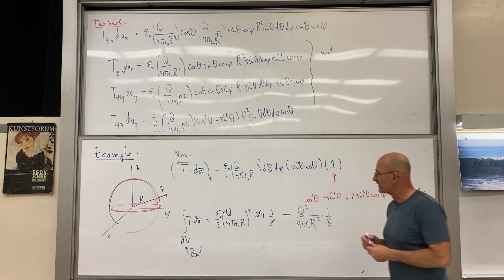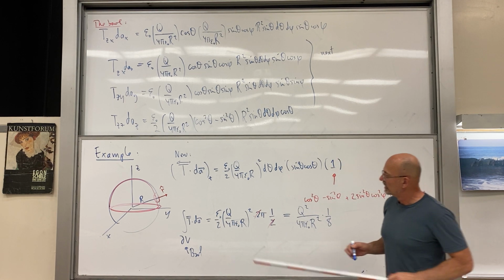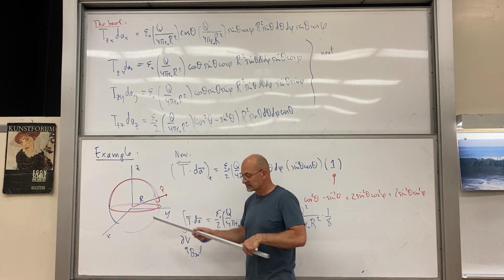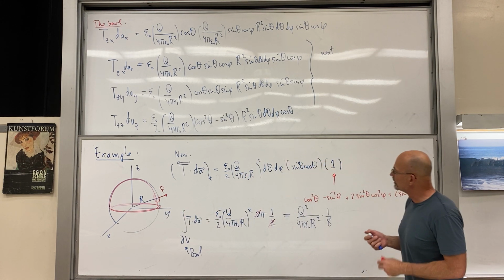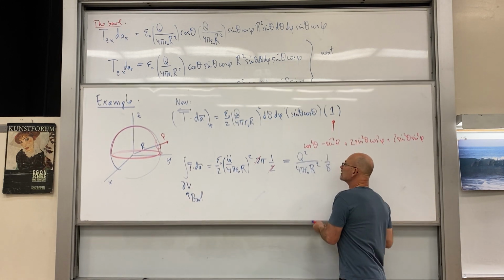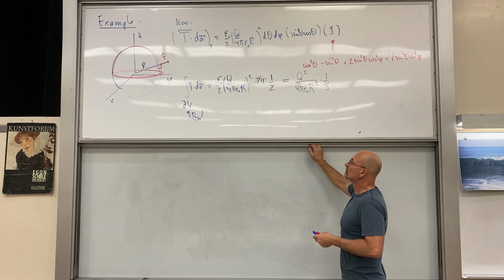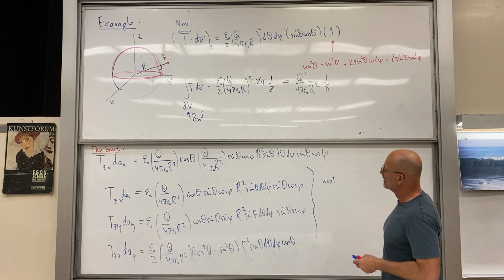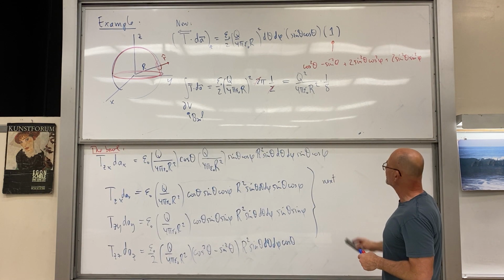Okay, so that's the bowl, and we now have to integrate over the disk, which is similar, but I'd say a little easier. Good, so I can erase all of this.